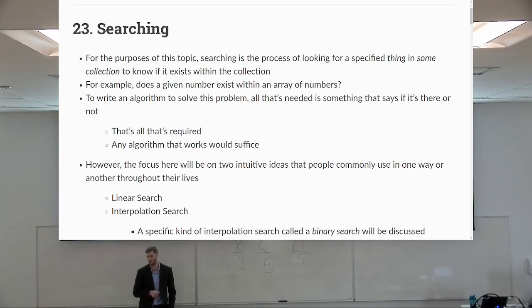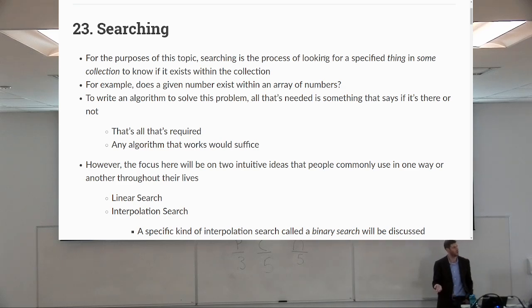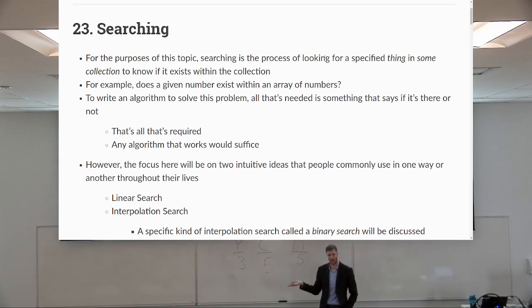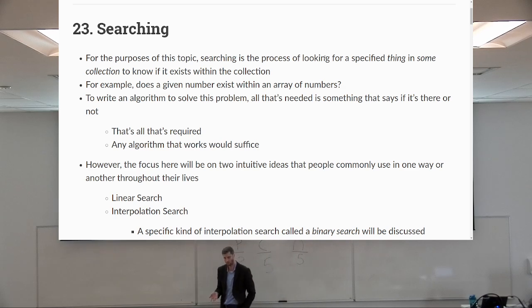Does a number exist in an array, for example? To write an algorithm to solve the problem, all that one needs to do is to have it say if something is there or not. That's all that's required. And it needs to be correct, of course.